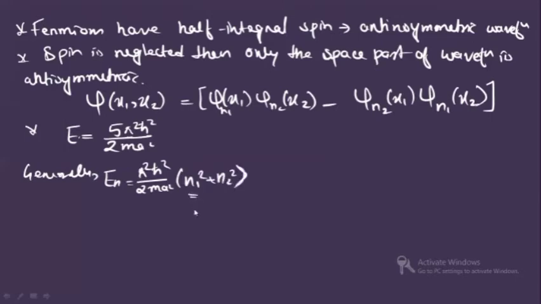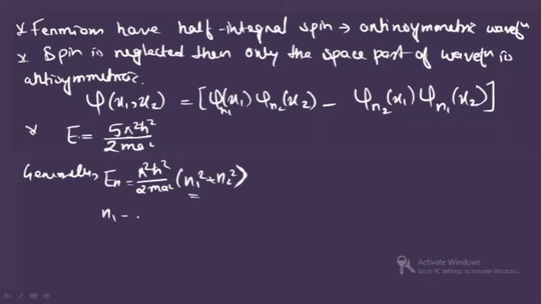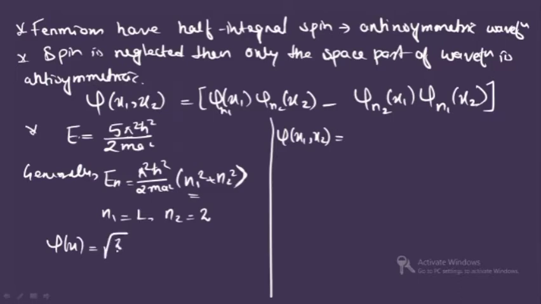In our case n1 must be 1 and n2 must be 2. Only then you will get 5 pi square h cut square. So here n1 is 1 and n2 is 2. So finally you can write the wave function psi x1 comma x2. The general form of the wave function is psi x equals root over 2 by a sine n pi x by a.